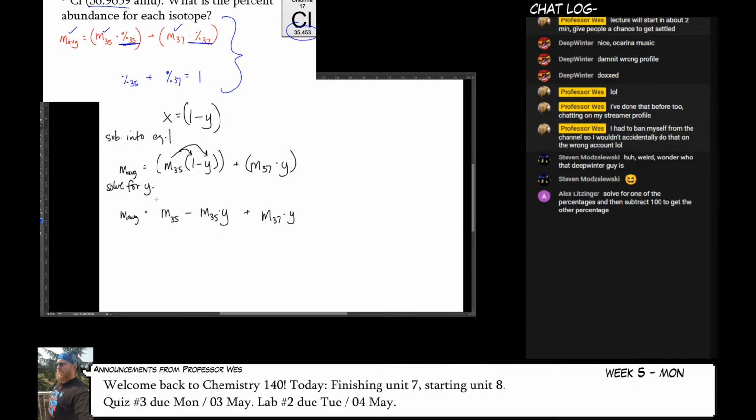Now what I'm going to do is move everything over to the left side that does not have a y term in it. So that's just this. So this is going to go over there. And that's going to leave negative m35 times y plus positive m37 times y. I'm just going to switch these two places so I don't have this negative floating around in the front here.